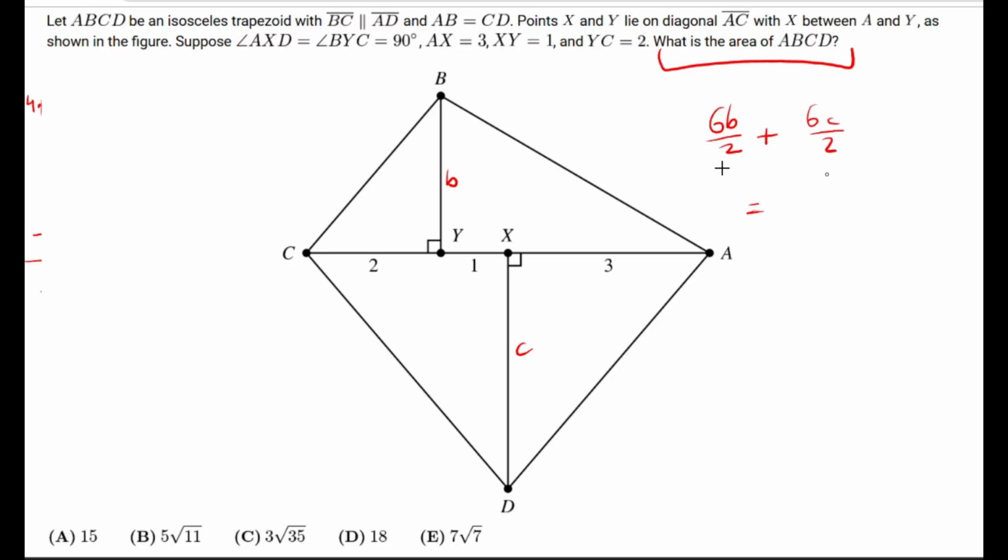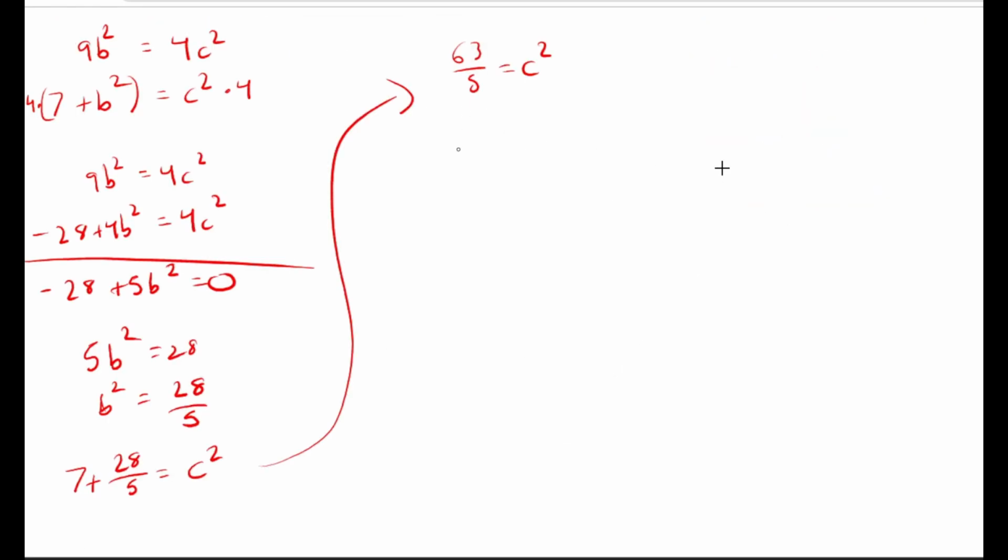And if you factor out a 3 after dividing, you get 3 times B plus C. So area is equal to 3 times B plus C. And if we sub in B and C, B was going to be root 28 over 5. So let's write it like this, root of 28 over 5, and then plus root of 63 over 5.